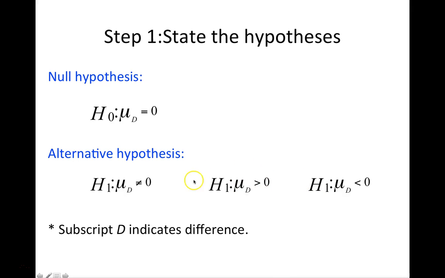We often, in many of these situations, hypothesize that that difference is greater than 0. We think that there has been some change, depending on the scale, depending on what we're looking at. We may say it's less than 0, but typically we're going to do something non-directional or that it's greater than 0. Again, as with the independent samples t-test and as with most analyses, we're typically running a two-tailed test, even if our hypothesis is directional in some way.